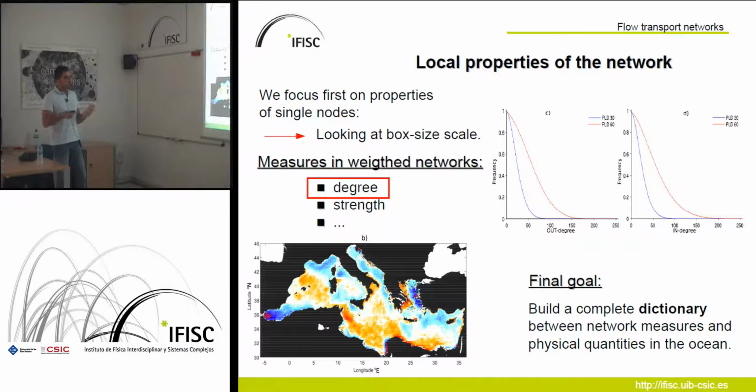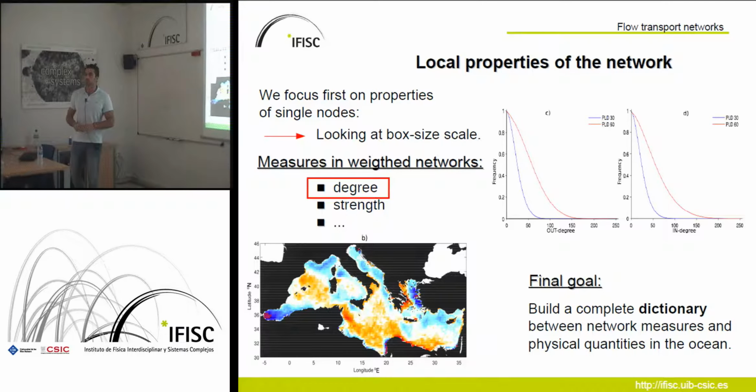And we can delineate two ways to analyze this. In a statistical way, so looking at the mean properties, the distribution of this measure across the whole network. Or, for example, since our network is spatially embedded, we can plot locally the value of each measure that we are interested in to extract the geographical and spatial patterns, like in this plot, for example.